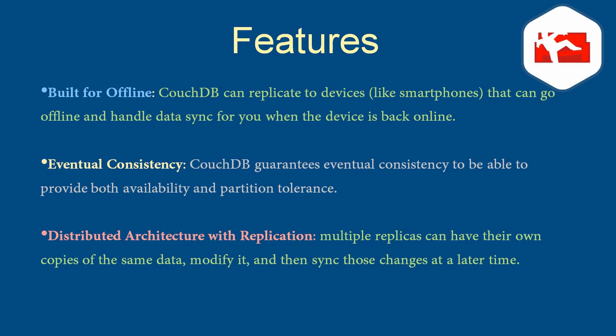But CouchDB can replicate data from devices that go offline and handle data synchronization for you when the device is back online. So you don't need to worry about synchronization of data. It could be done automatically by CouchDB.